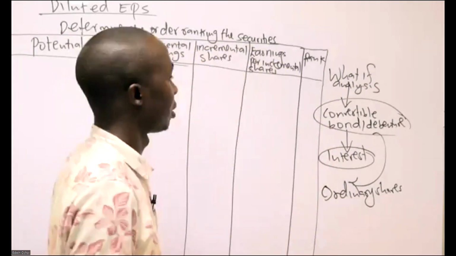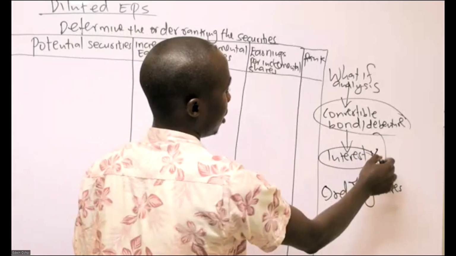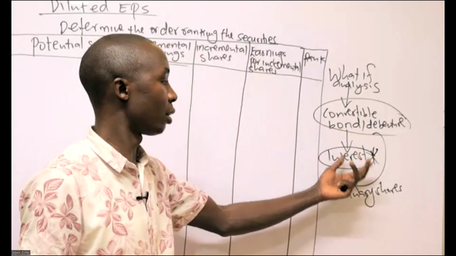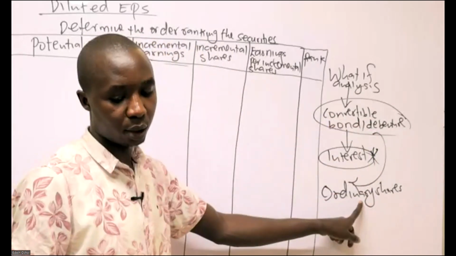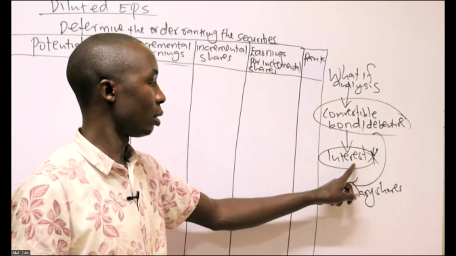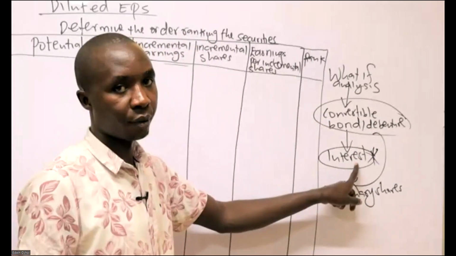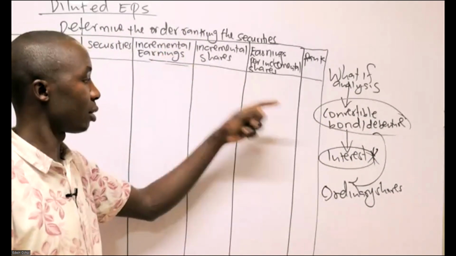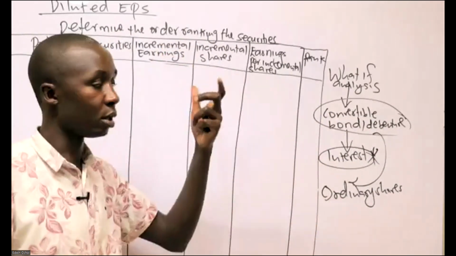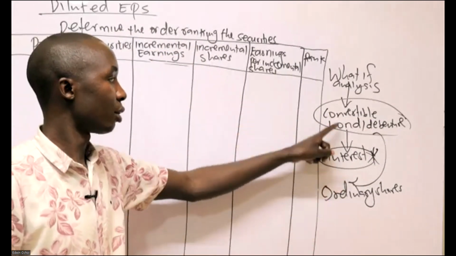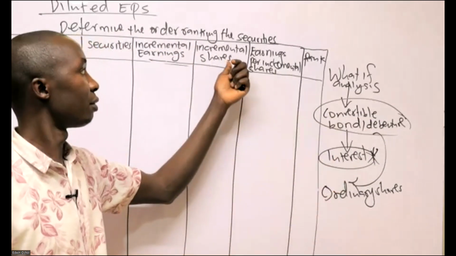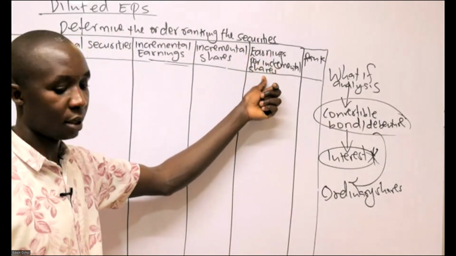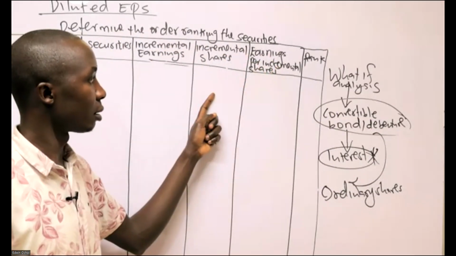Will this company pay interest? This security is not a bond now because it is converted to ordinary shares, meaning the company will hold the interest they were supposed to pay. That is why we have an earning which is increasing based on the interest they will hold. Since they converted the security to ordinary shares, that is where we have incremental shares. Then for earnings per incremental share, you divide this and this, you get this.